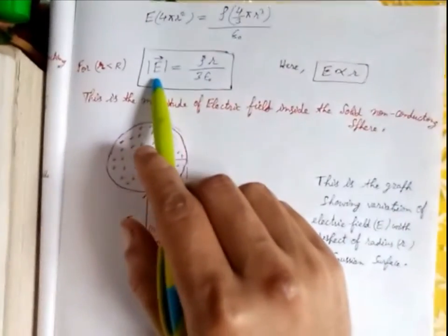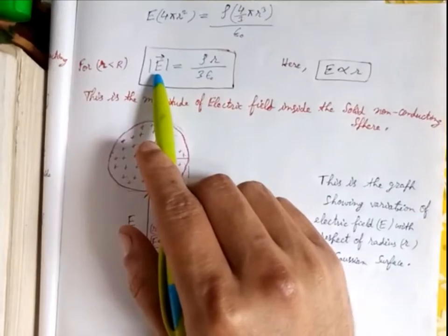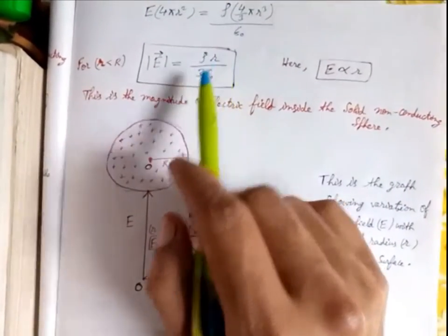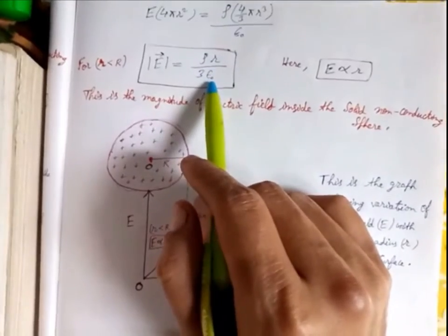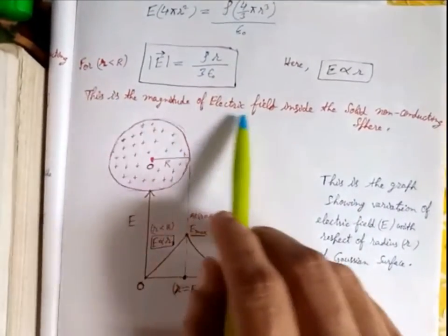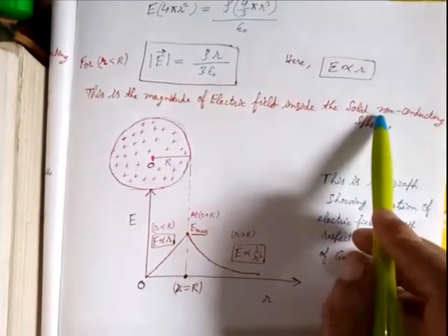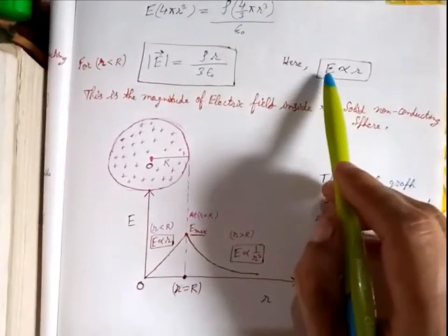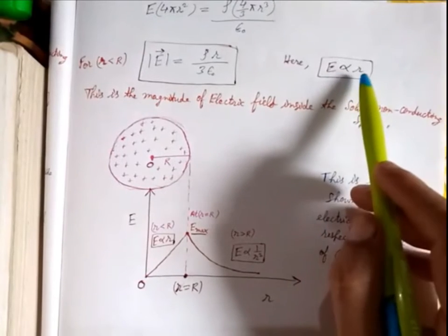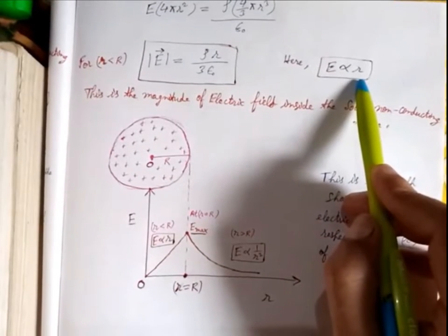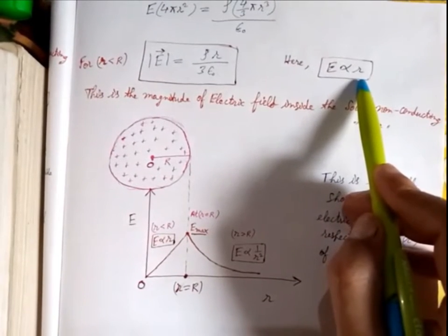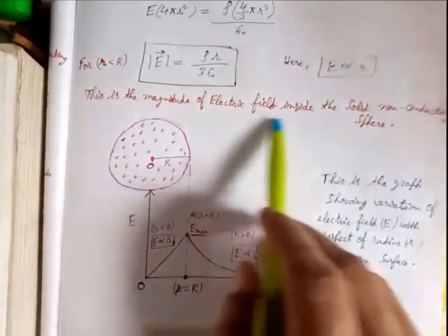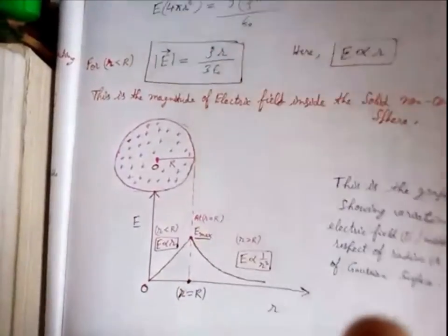Now the value of the electric field will be rho into small r by 3 epsilon naught. So this is the magnitude of the electric field inside the solid non-conducting sphere, and this electric field is directly proportional to the distance small r from the center of the sphere. So this is for the inside case.